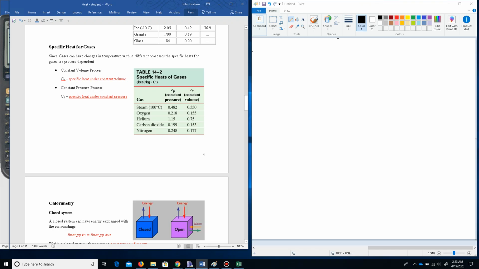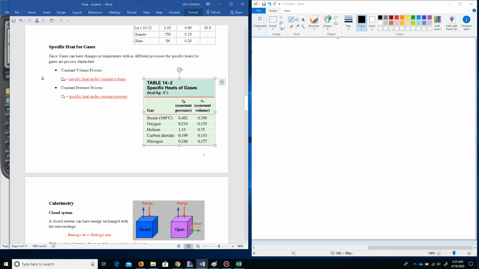Notice each of these gases have different constant pressure to constant volume. If you notice, the constant pressure is always a little higher, and that's due to just kind of what happens when the gas undergoes the process.